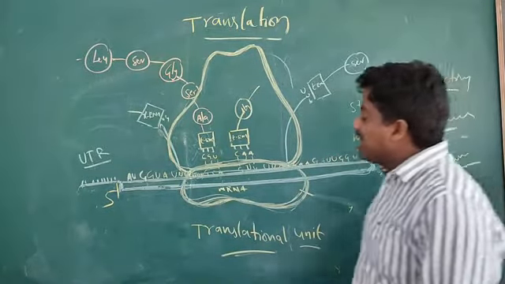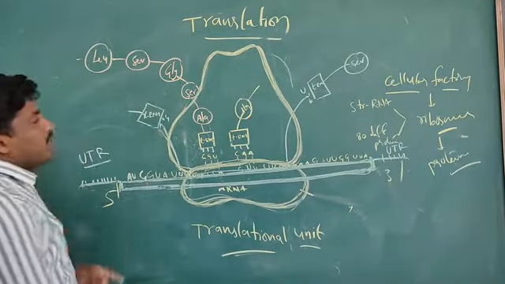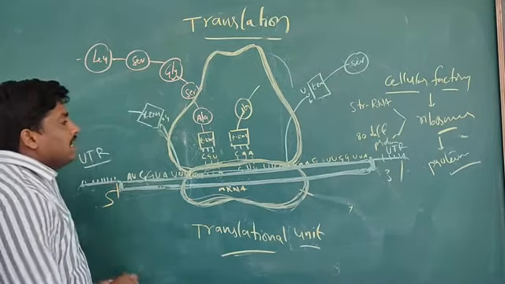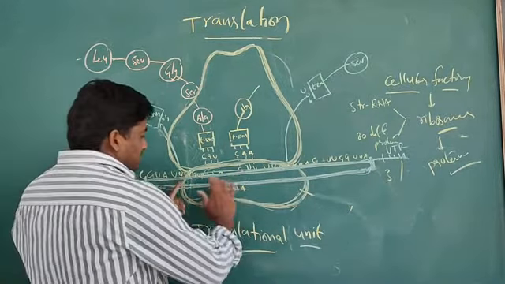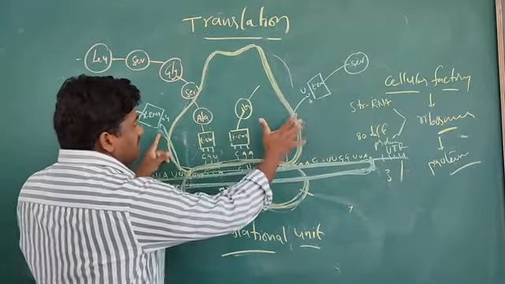Next, how is this polypeptide chain formed? See, this is the mRNA, this is the tRNA, this is the ribosome.